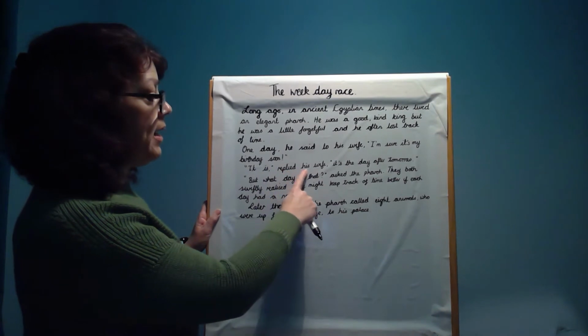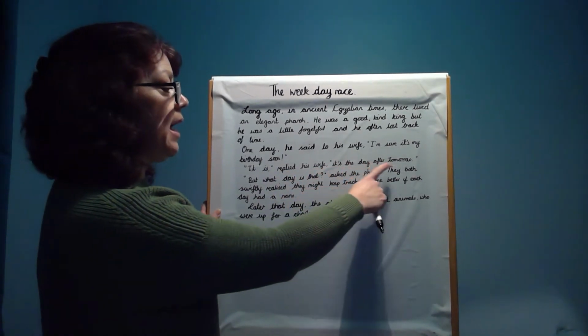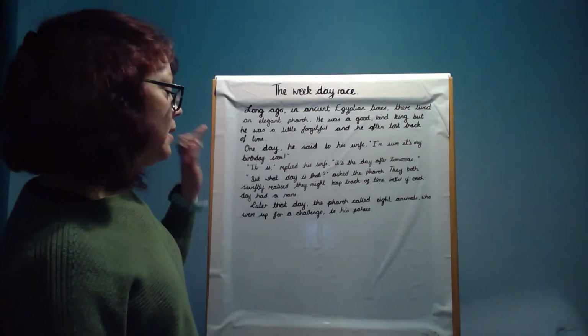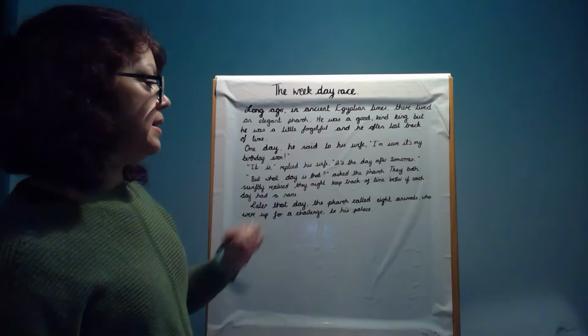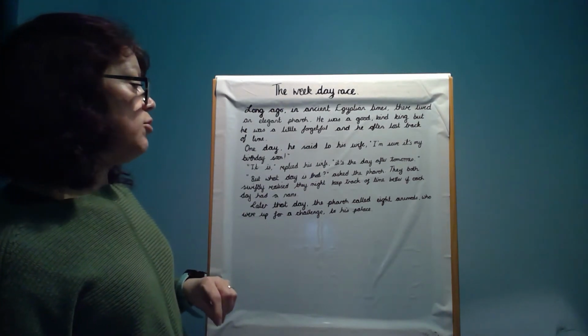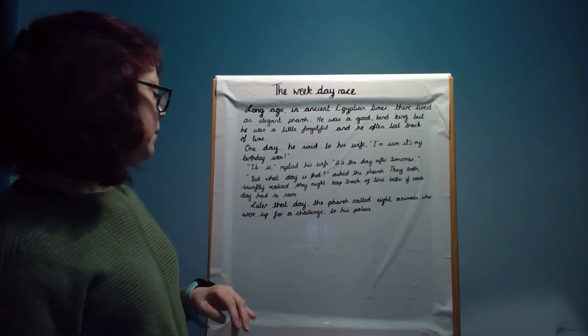"It is," replied his wife, comma, inverted commas, "It's the day after tomorrow." There's my full stop and my closing speech marks. "But what day is that?" asked the pharaoh. They both swiftly realised they might keep track of time better if each day had a name.